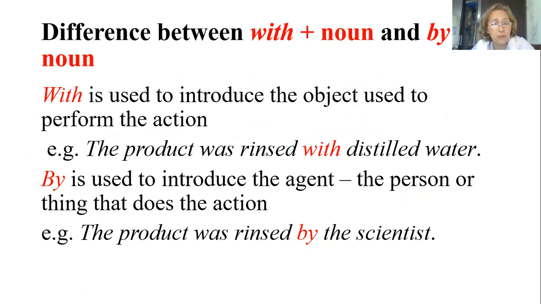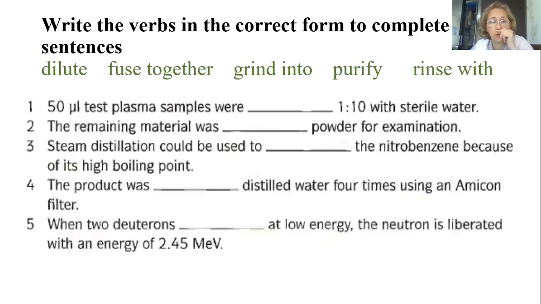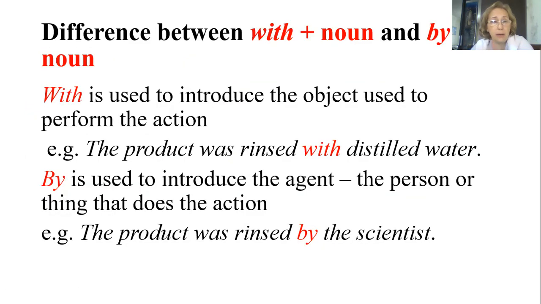There is some information about the difference in the use of with plus noun and by plus noun. Here we also used with. It says that with is used to introduce the object used to perform the action, like in the sentence: the product was rinsed with distilled water. То есть мы имеем в виду какую-то субстанцию, с помощью чего что-то сделано.